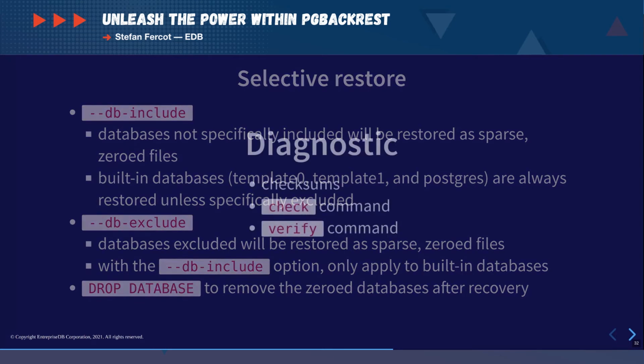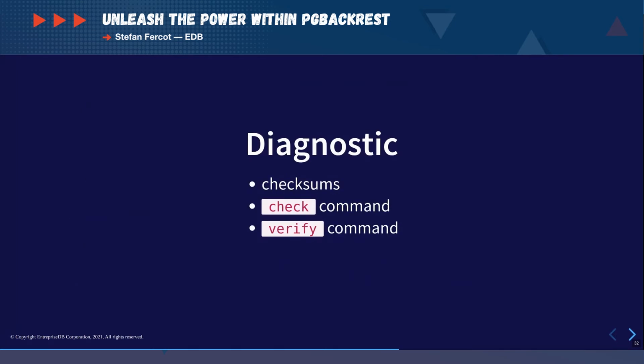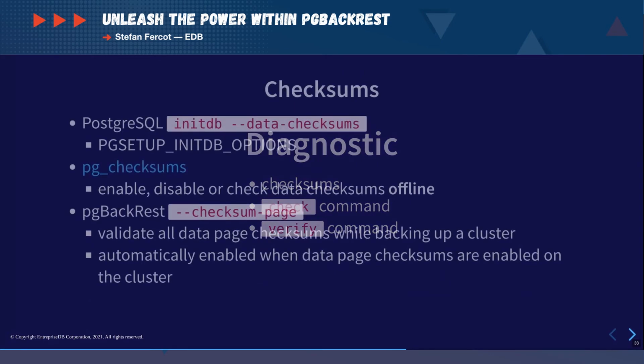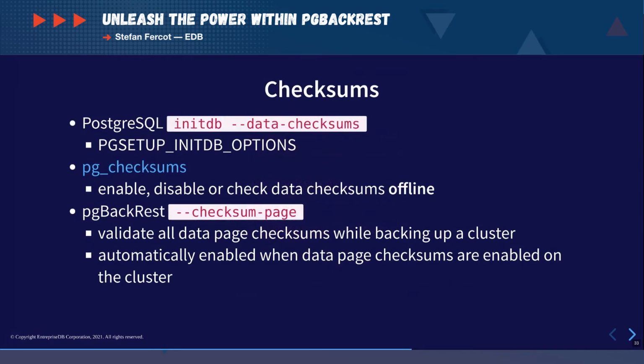So now comes the diagnostic part. The first interesting thing in Postgres or in pgBackRest to prevent data corruption is checksums. Fortunately, currently data checksums are enabled when you create a new cluster at initdb time.